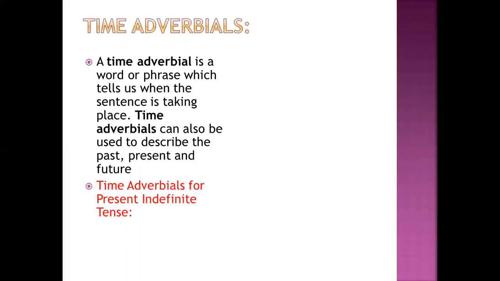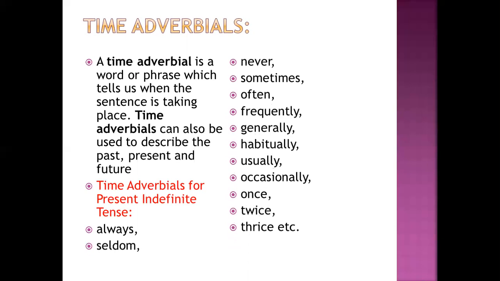Time adverbials for present indefinite tense are always, seldom, never, sometimes, often, frequently, generally, habitually, usually, occasionally, once, twice, thrice, etc. Whenever you use any of these time adverbials, remember that the tense is going to be present indefinite tense or present simple tense.